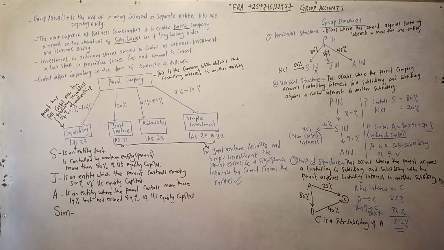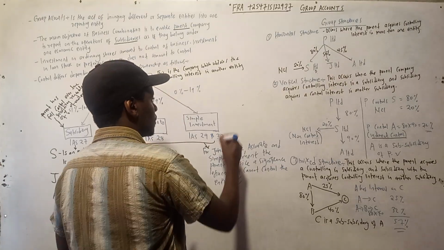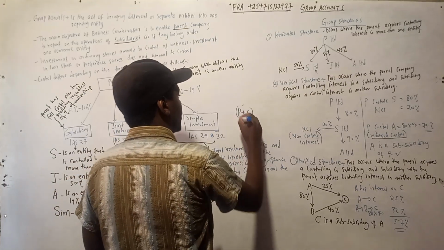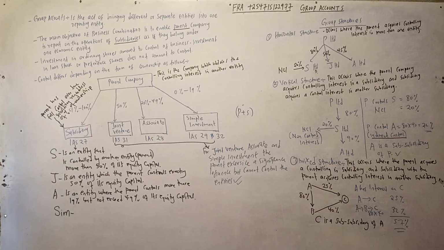So you need to know that when it comes to consolidation, we only consolidate the operations of the parent with those of the subsidiary. That one is fine. I think up to that point we have covered all the group structures.